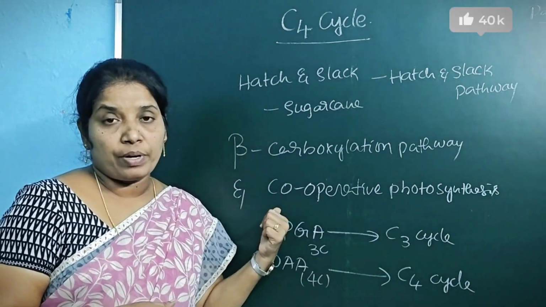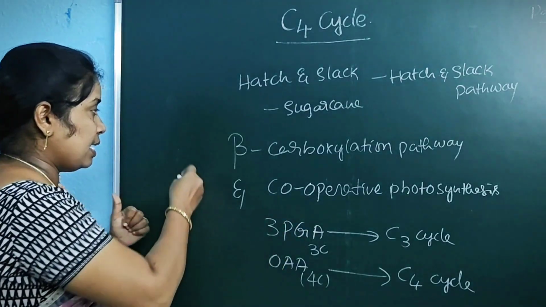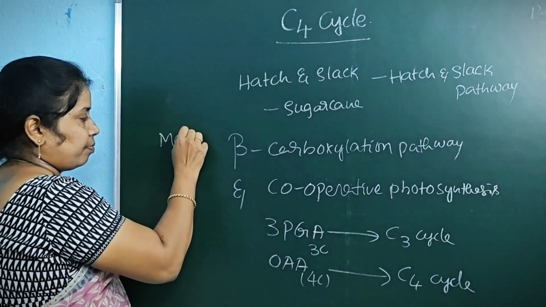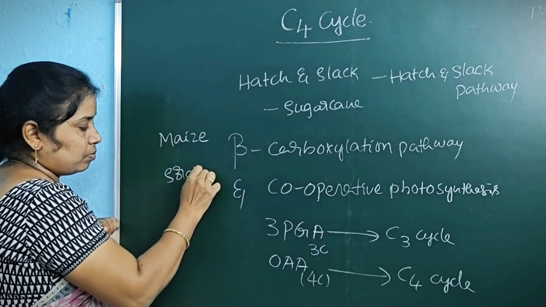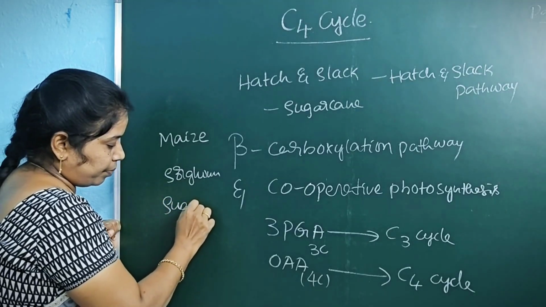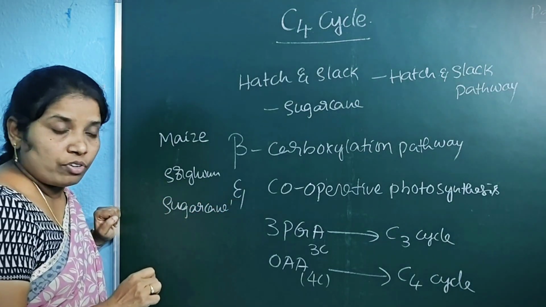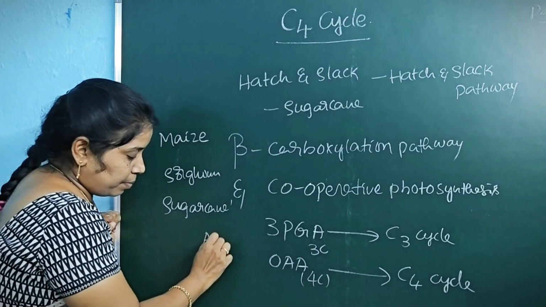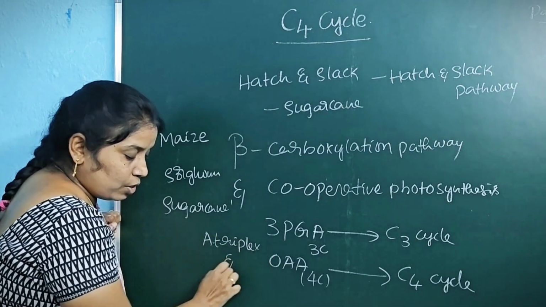This cycle operates in many species of Graminaceae like maize, sorghum, sugarcane, etc. It has also been found in Atriplex and Chenopodium too.